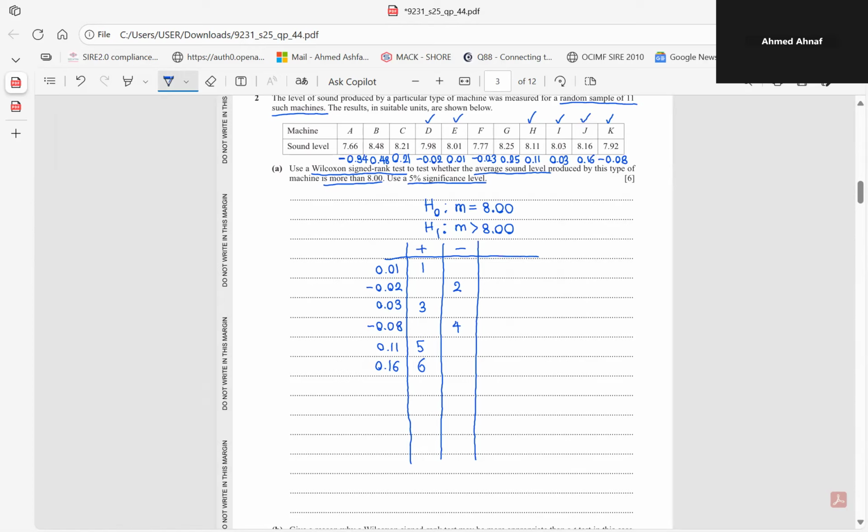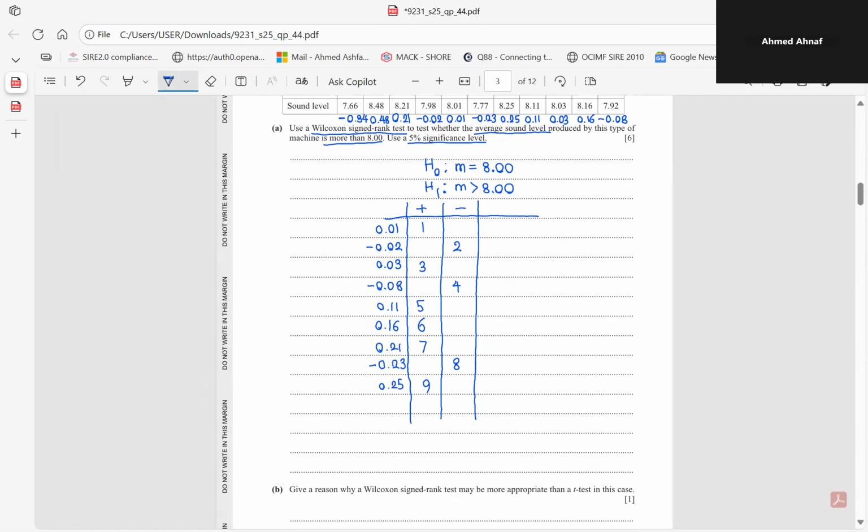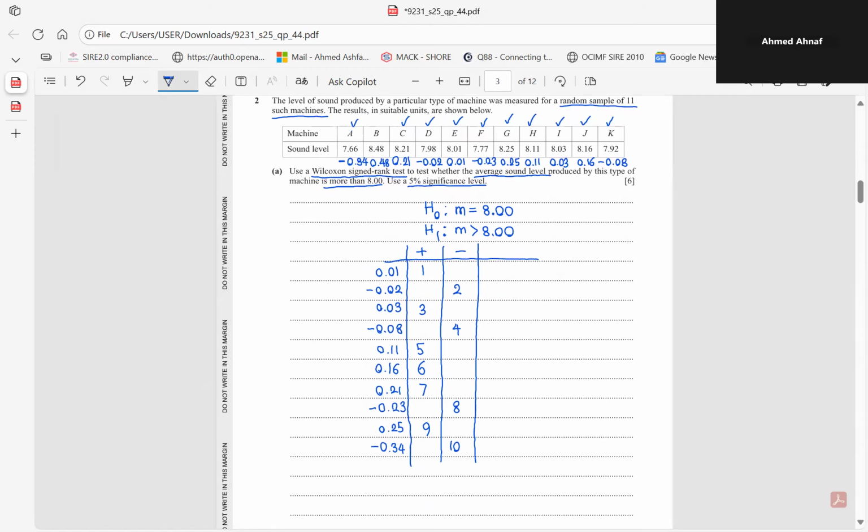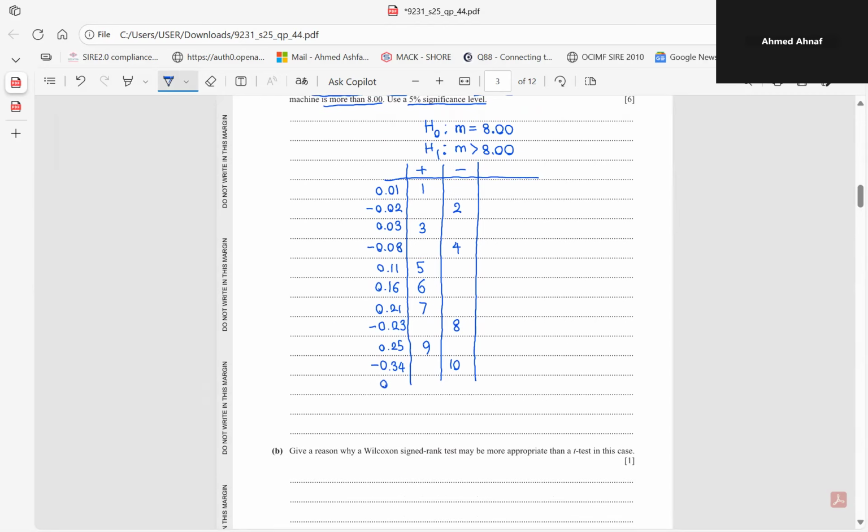Then 0.21, that is 7, and then minus 0.23, that is 8, and then 0.25, that is 9, then negative 0.34, that is 10, and finally 0.48 is 11.